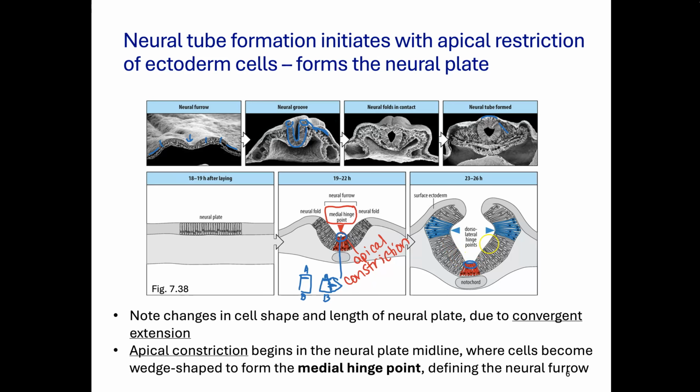Most of these cells are going to eventually slightly narrow, but the second event is at what we would call the hinge points. These are dorsolateral because they're on the dorsal side, and they're lateral because they're further away from the midline. They're more to the side, basically. And so these hinge points help the cells bend around and reach each other.